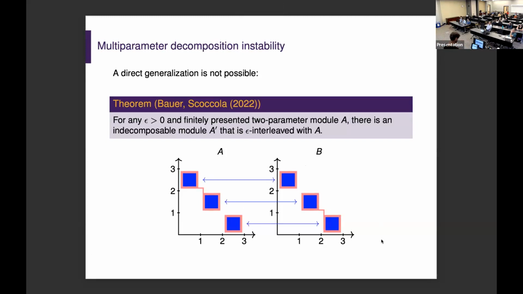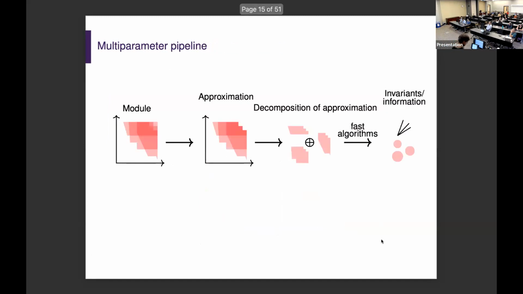And this leads us to an idea for a multiparameter pipeline of decomposition. In this pipeline, we start with a module, and then instead of decomposing directly, we first approximate the module. So we do some surgery. In the example we just saw, this surgery would mean removing these small bridges.